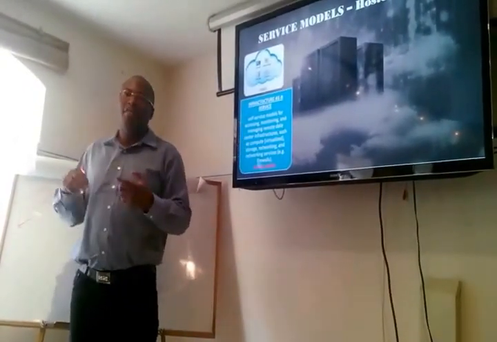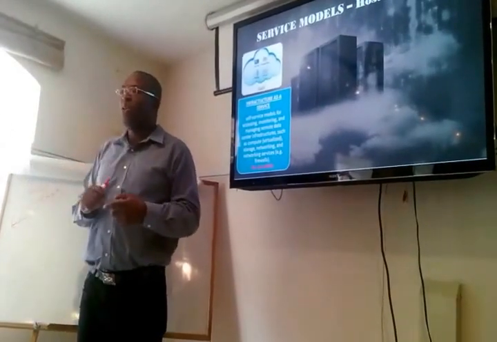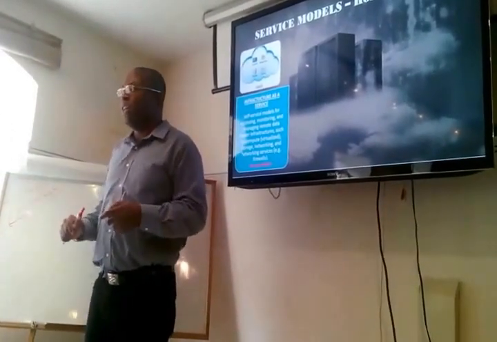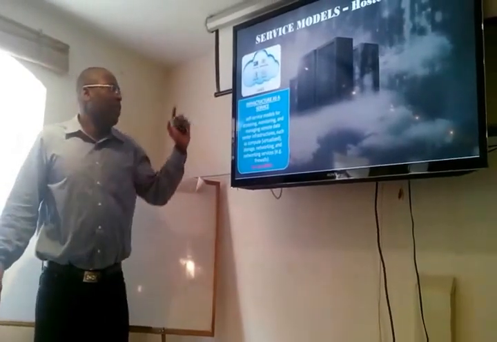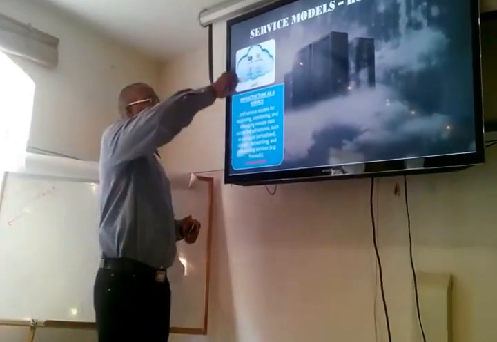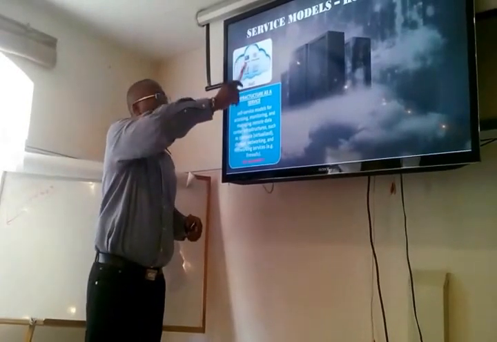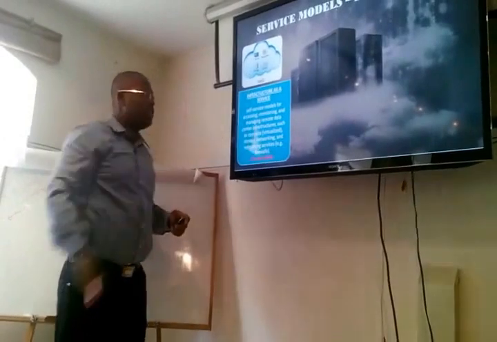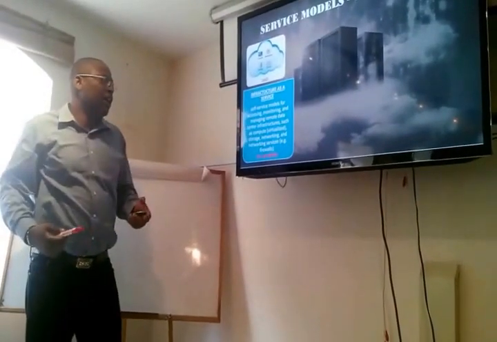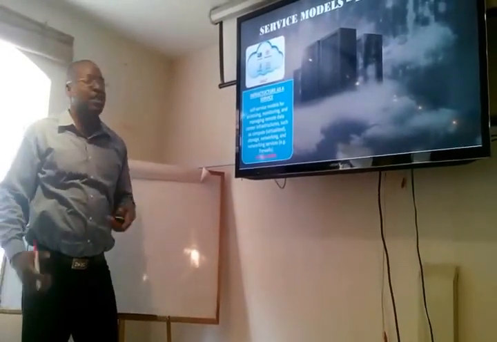For example, you have a server in the cloud, you have all the platform in the cloud, and you only need to manage it yourself. This is infrastructure as a service. You can have a SQL server, a Windows 2012 server, networking services, security services. These services are mainly for system administration.